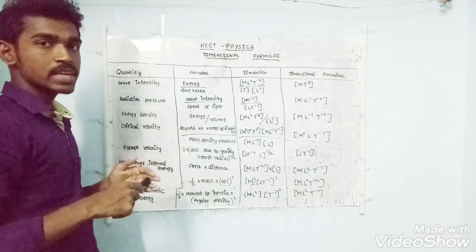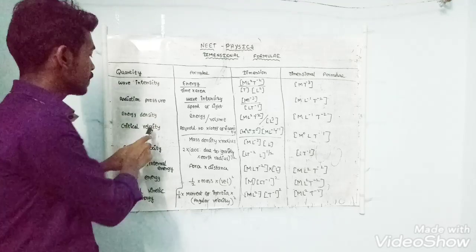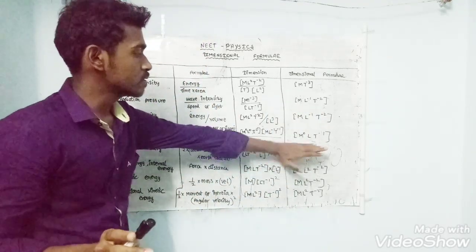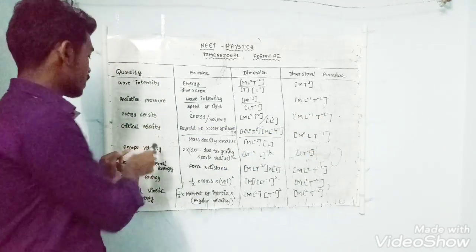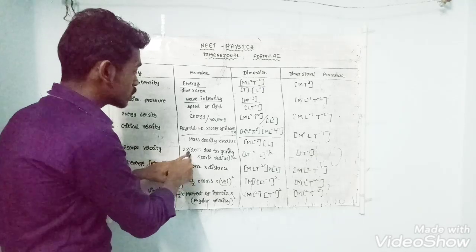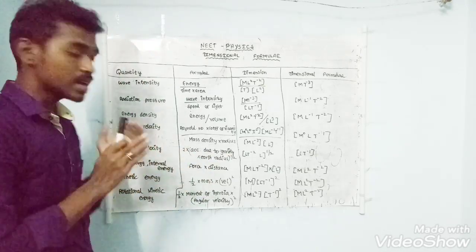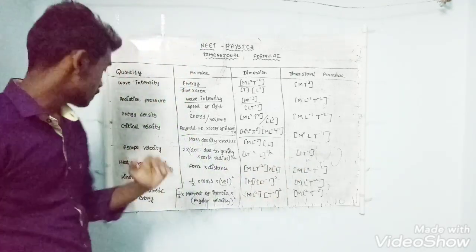So the one clue is velocity. You have to see only the velocity, which is LT⁻¹, that is M⁰LT⁻¹, finally LT⁻¹. Escape velocity is basically a velocity. The general formula is the root of 2 into acceleration due to gravity into earth's radius, but it is basically a velocity, so the formula is LT⁻¹.